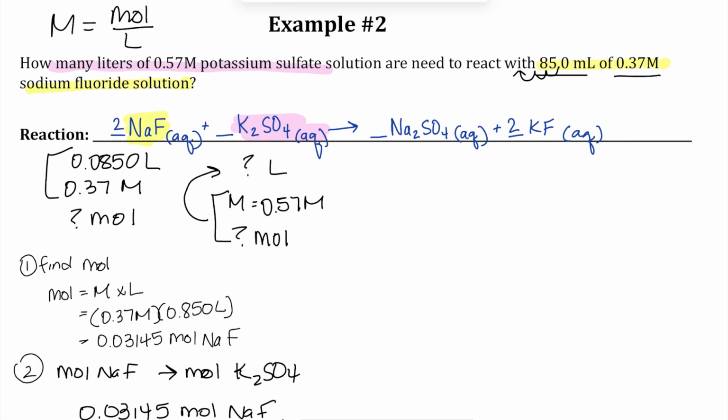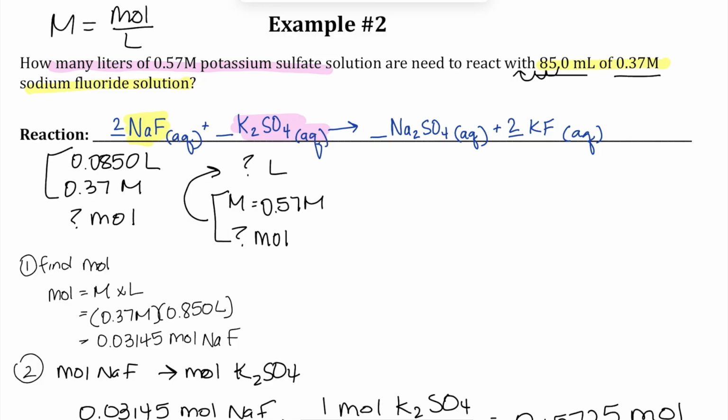So we've got 2 moles of NaF to 1 mole of potassium sulfate, and so that's going to give me 0.015725 moles of my potassium sulfate. And again, I'm not going to do sig figs till the very end, so keep that in your calculator, writing a few digits down past that.